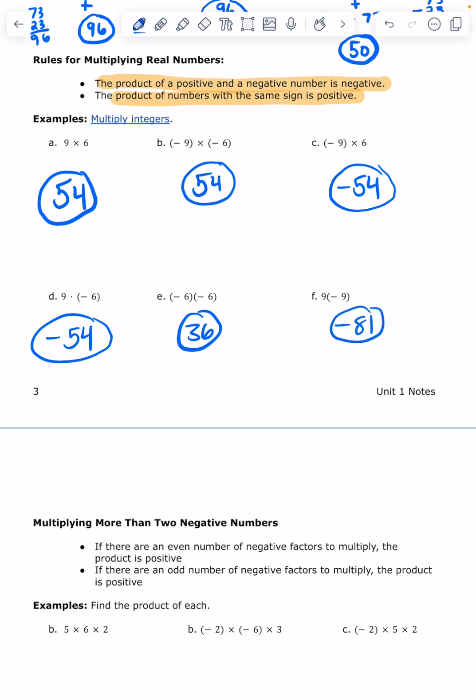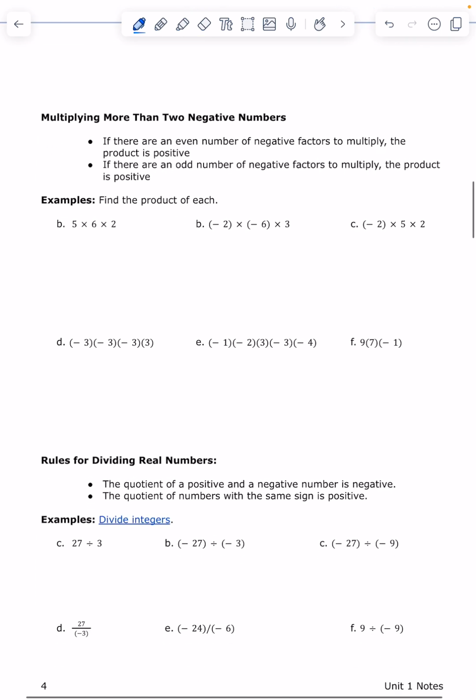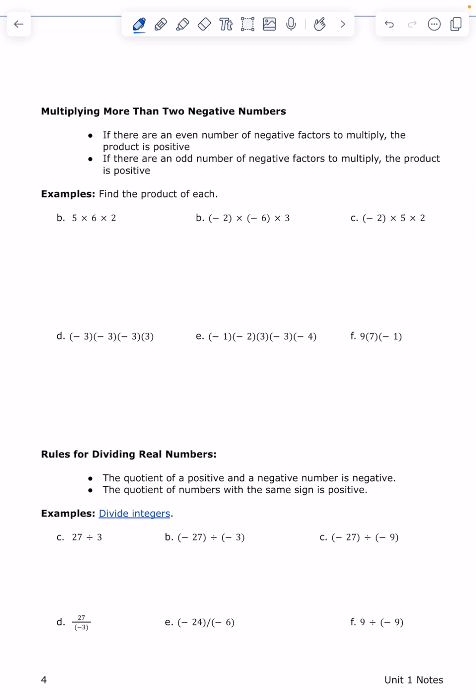Now, what if we have not just two numbers, but more than two signed numbers? In that case, if there are an even number of negative factors to multiply, the product is positive.